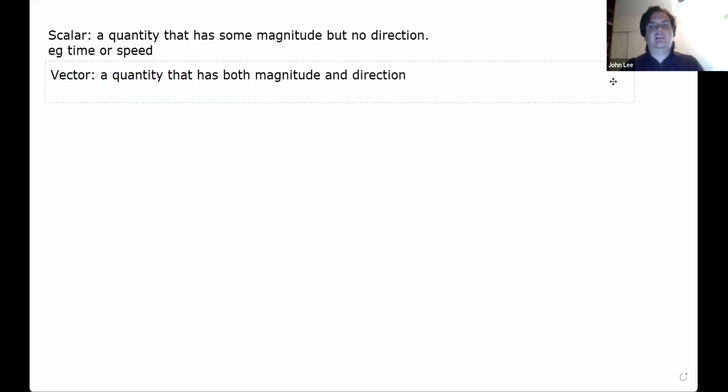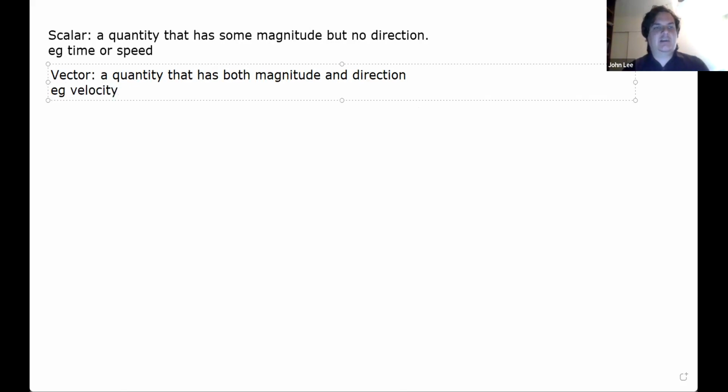There we go. So speed is a scalar because all it does is tell you the speed at a given time. But if you're talking about going in a specific direction at a certain speed, so if you are talking about going north or south on the highway at a different speed, then what that is called is velocity.